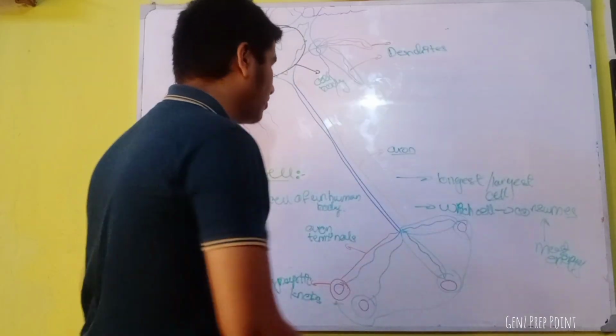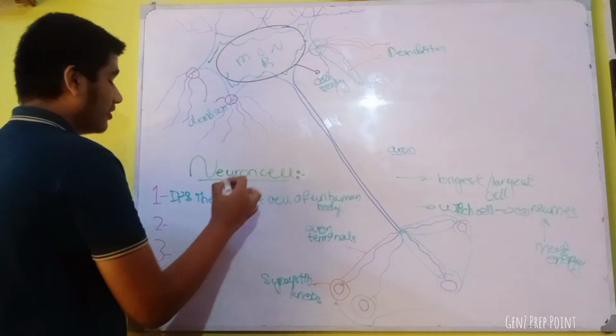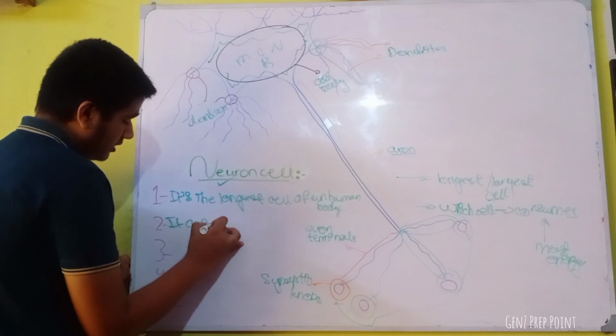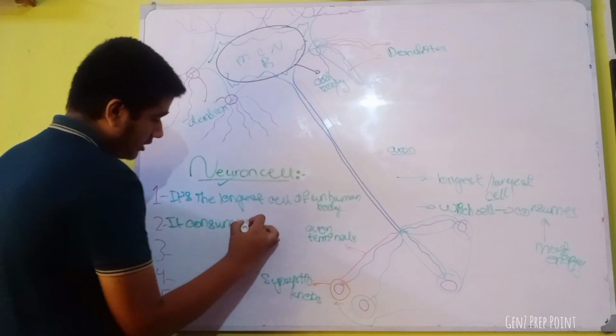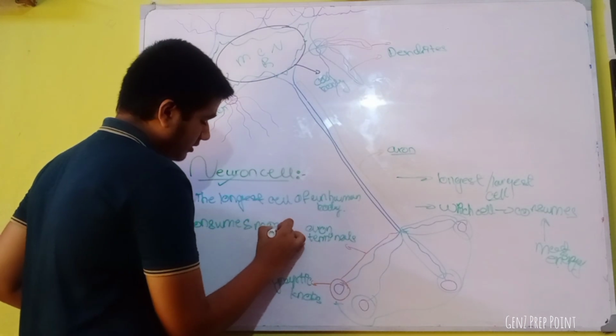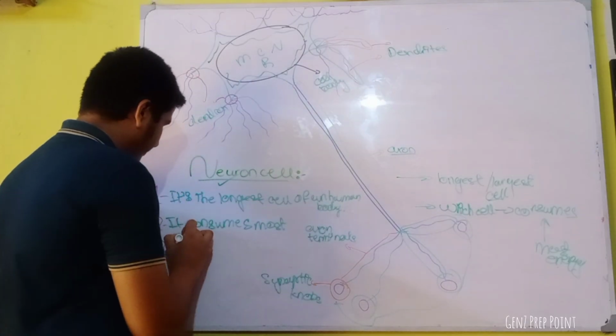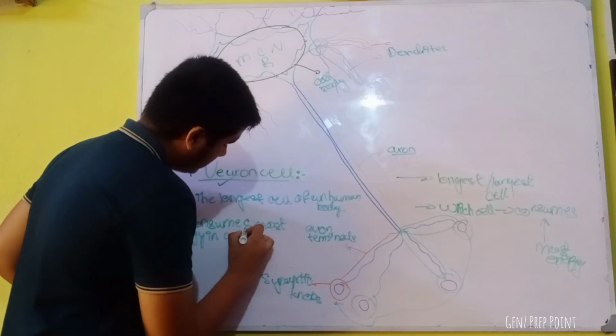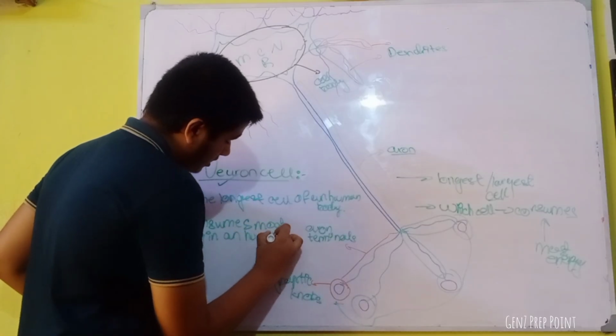So the most amount of energy is consumed by a neuron cell. So it consumes the most energy in a human body.